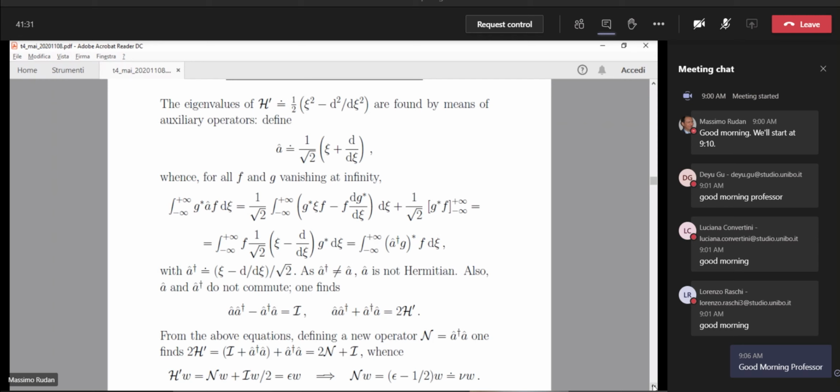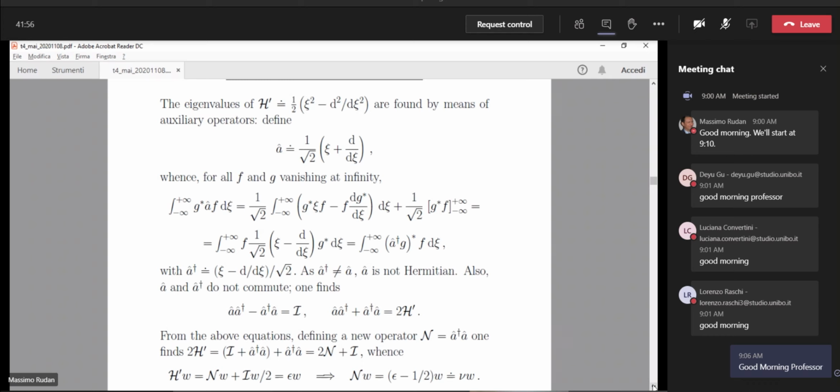So a dagger is, as you remember, the adjoint of a. And the expression of a dagger is similar to that of a, but with the minus sign. Obviously, a dagger is different from a. So this operator a is not Hermitian.